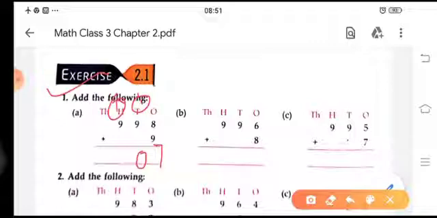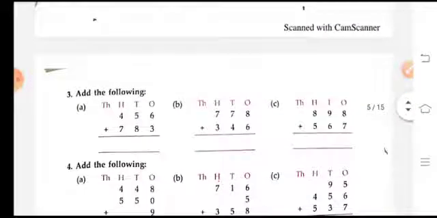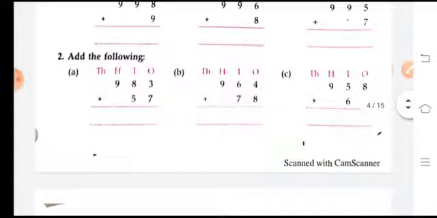And again 9 plus 1, 10. We write 0 here and we write 1 at thousands place. So there is no number at thousands place, we write here 1. So what is the number? 1007. So do the other sums in the same way, children, and then we'll move on to the second.